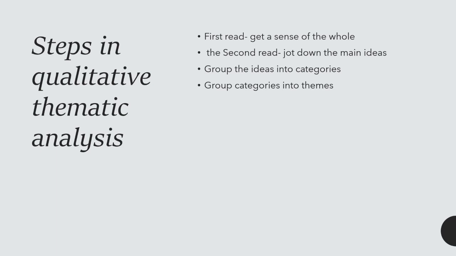Now you might do a quick read, or you might do a deep read. With a quick read, you might just read through the abstracts, like I do. If I find there seems to be something worthwhile, I might go to the results, I might go to the conclusion or recommendations, depending on what I think this article is useful for. With your second read, you now start to jot down main ideas.